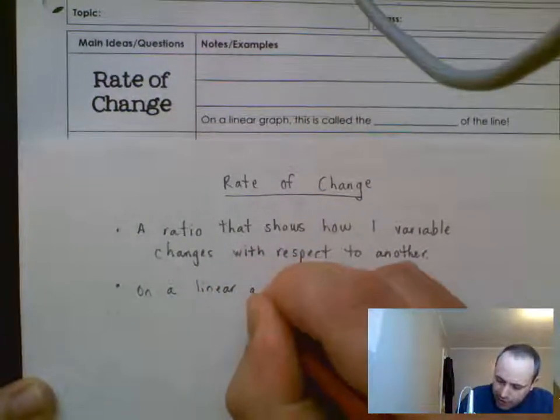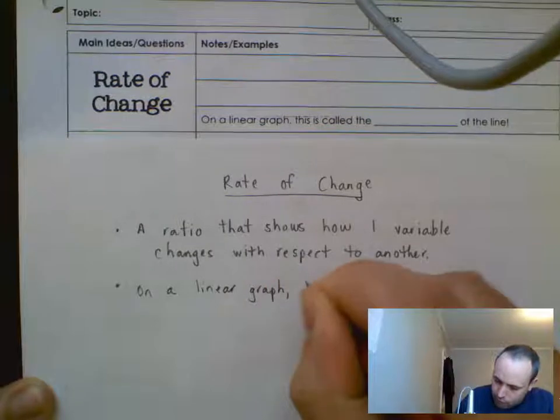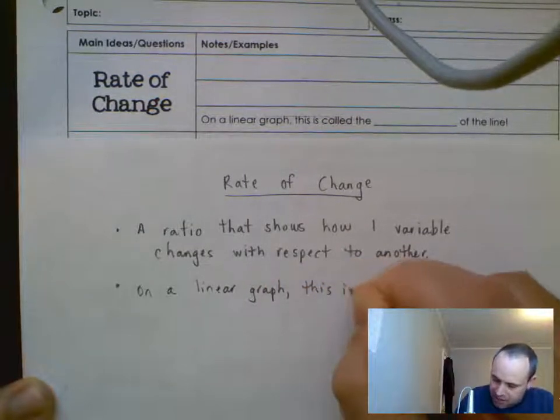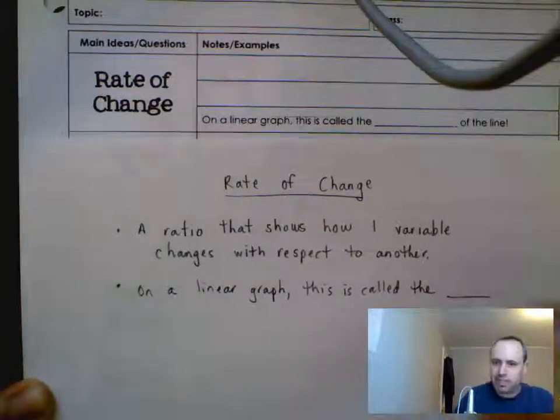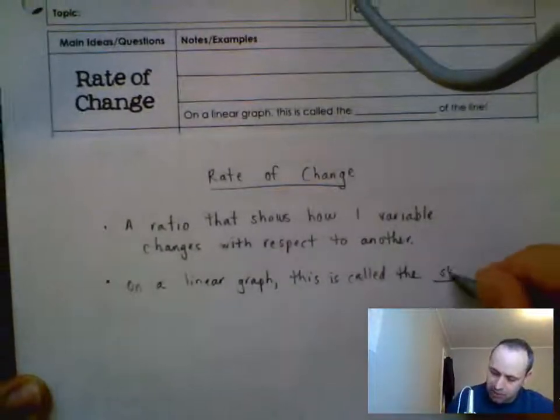On a linear graph, this is called the blank, which we're going to fill in with the word slope of the line.